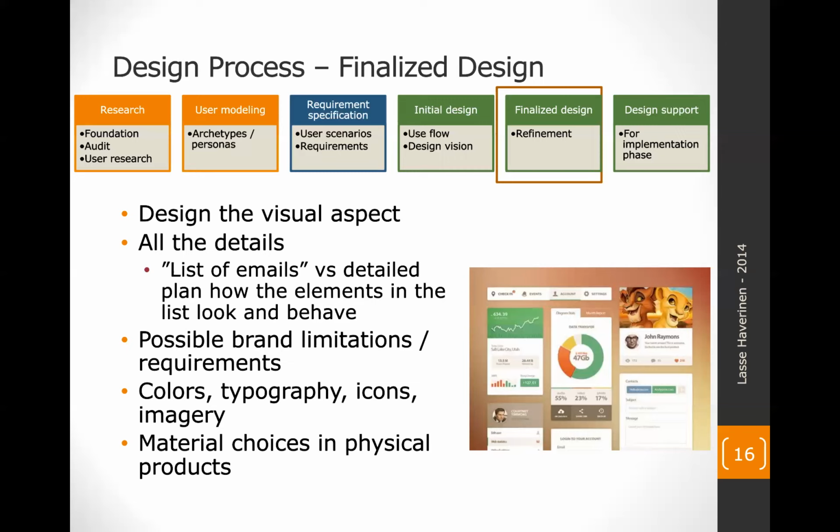Then that design result can be given to the programmers, the implementers, and it is their job to make the application look exactly like what was designed. The programmers should not be making design decisions by themselves. It should be the designers who make the design decisions.